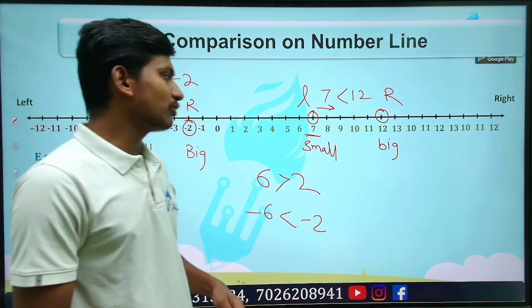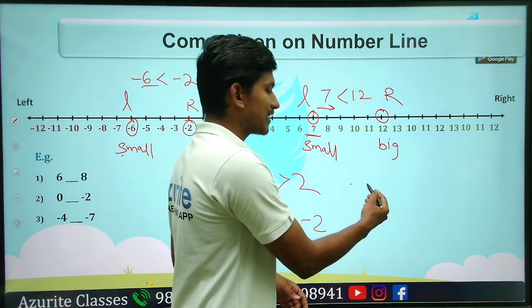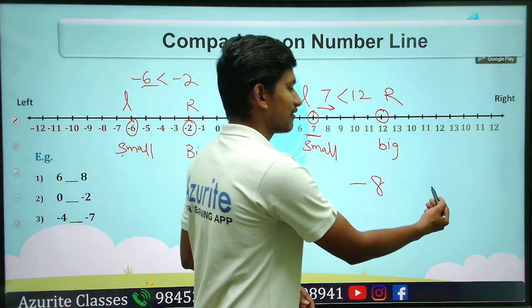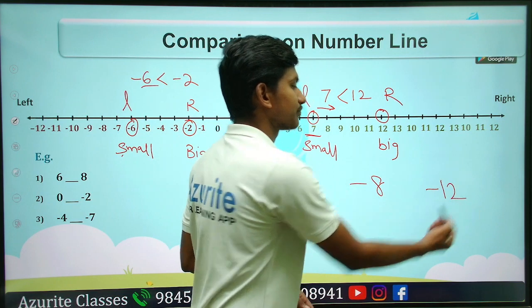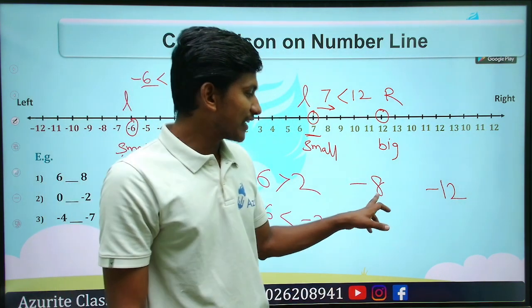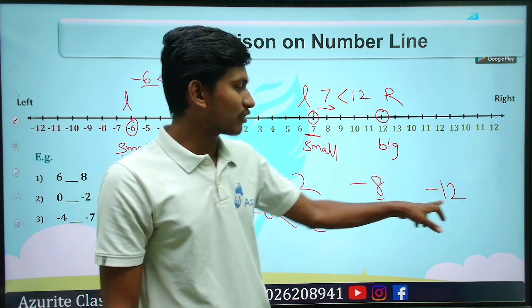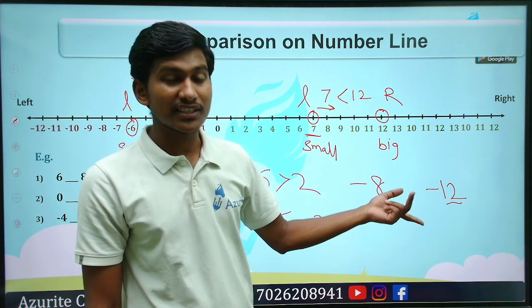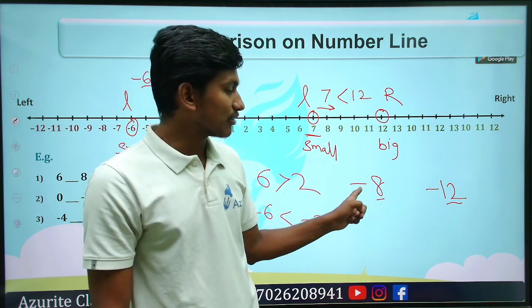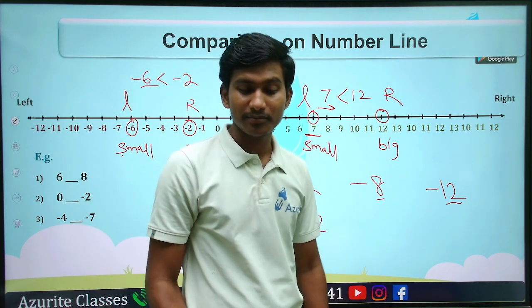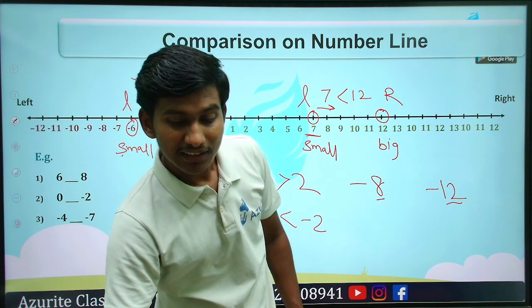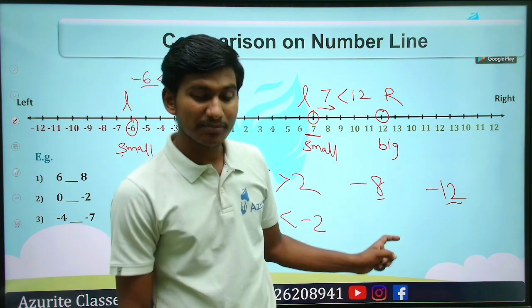Tell me now, if I write minus 8 and minus 12, is minus 8 bigger or is minus 12 bigger? That will be reverse in the minus. So minus 8 is bigger, right?